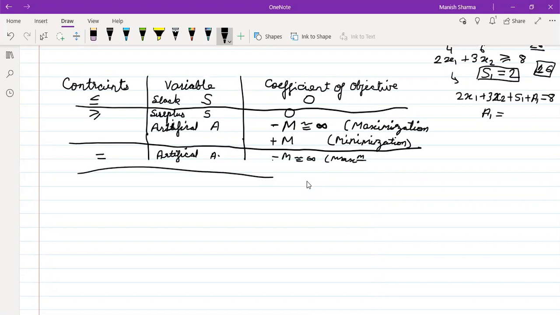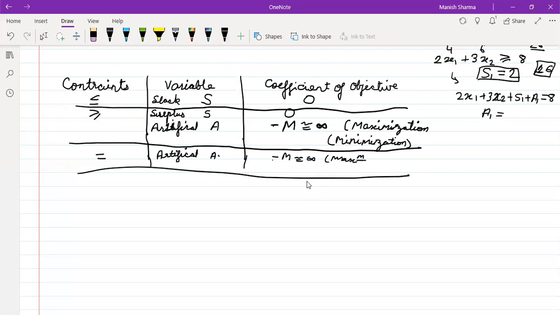So if we have these three constraints, what variables are to be added? If the constraint is less than or equal to, we will only add a slack variable s, and the coefficient of the slack variable will be 0. If the constraint is greater than or equal to, we will add a surplus variable s and an artificial variable a. Coefficient of the surplus variable will be 0. Coefficient of the artificial variable will be minus M. Let us forget about the minimization problem.